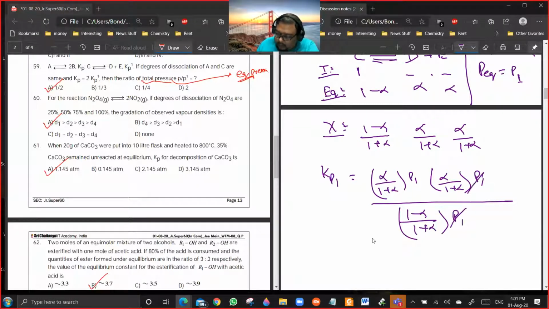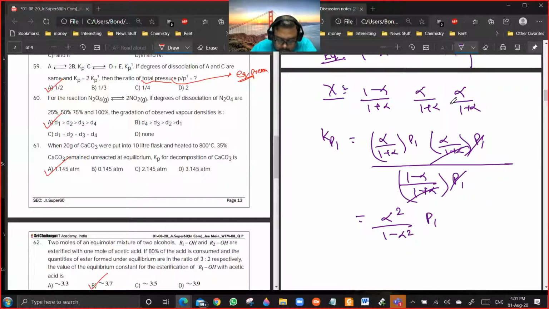Again P1 will cancel out, and 1 plus alpha will cancel out. It will be alpha squared by 1 minus alpha squared into P1.